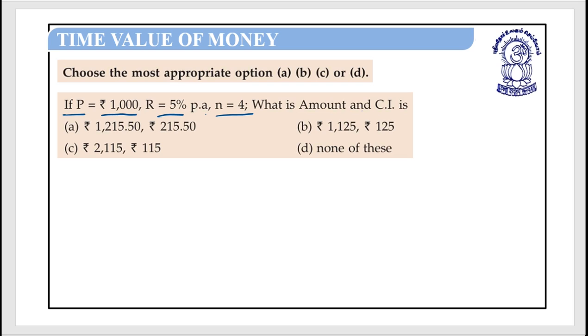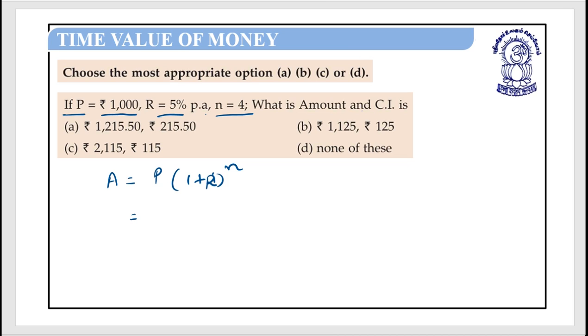So now, see here, amount A is equal to P into 1 plus R raised to n, where R is the interest rate.